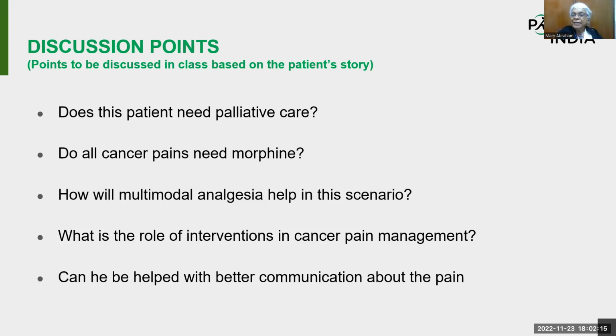Like I said, it should be used only when you are very familiar with the use of strong opioids, because of the potential side effects with methadone. Otherwise, it's a very inexpensive drug, like morphine, but the availability may not be that free. Okay, ma'am. Thank you, ma'am.